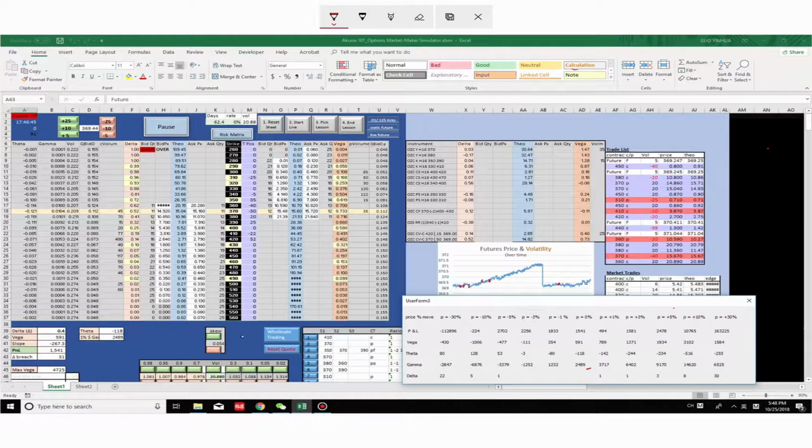In the risk matrix we can see if the future price goes up, the profits will go down a little bit at the beginning, and the inventory eventually will have significant profits.